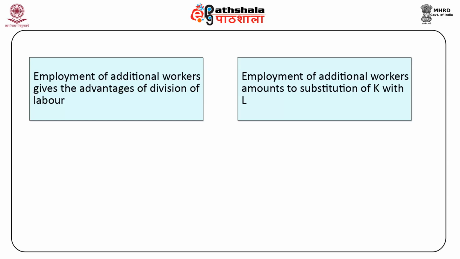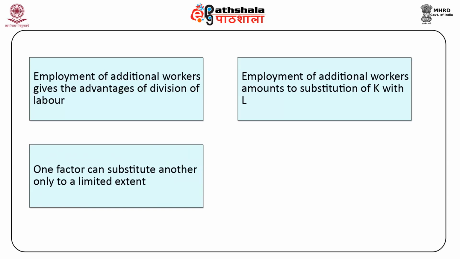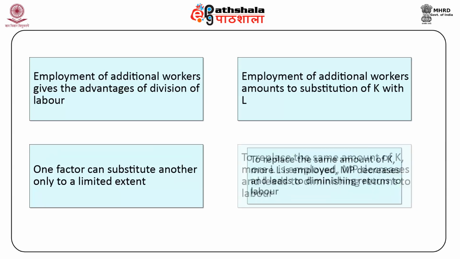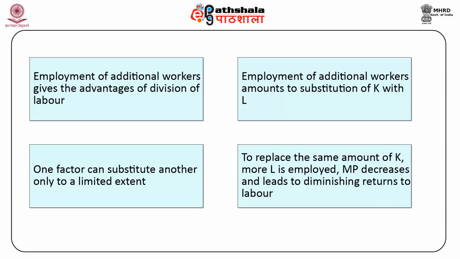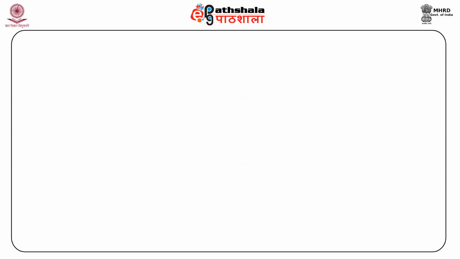But technically, one factor can substitute another only to a limited extent. Hence, to replace the same amount of capital, more and more workers will have to be employed because per worker marginal productivity decreases, and this leads to diminishing returns to labor.